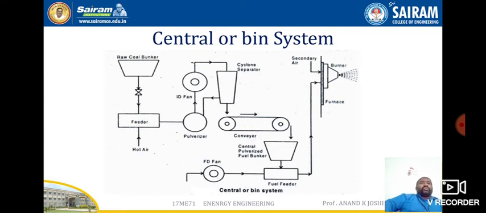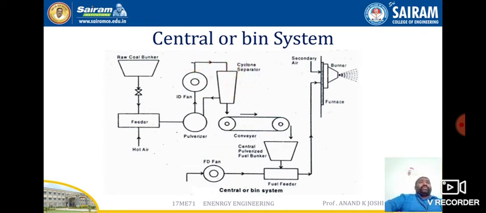The pulverized coal from the pulverizing mill is passed to the cyclone separator. You can see this is the cyclone separator. The crushed coal enters this cyclone separator.